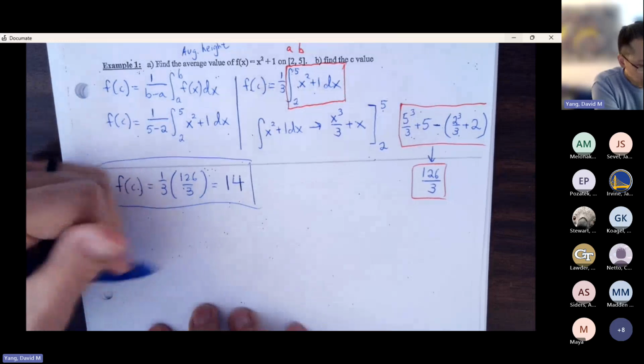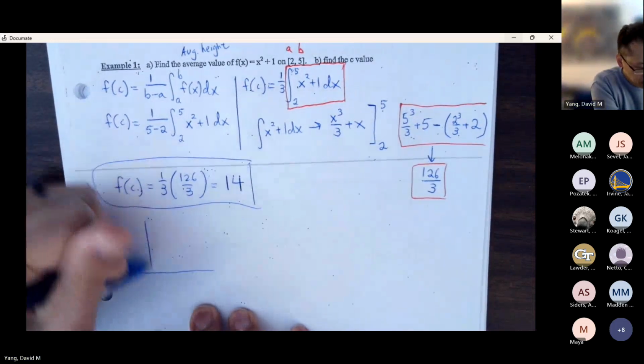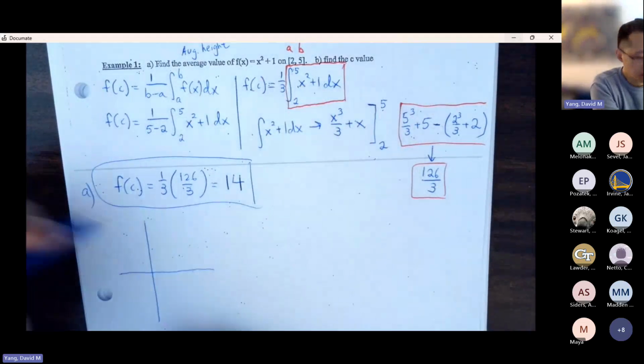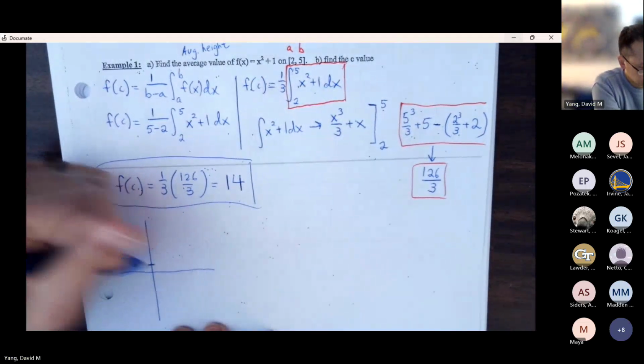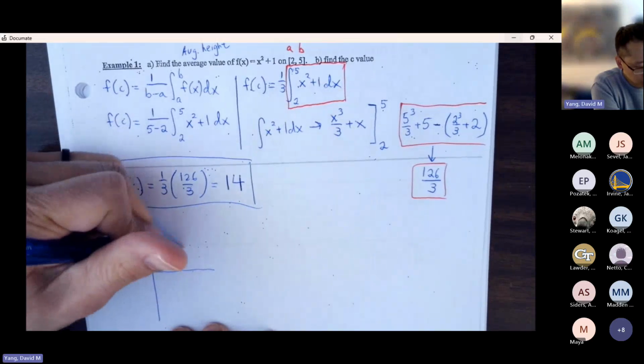Just to give you a perspective in terms of what we've found, this is what our graph looks like. X squared plus 1 is a parabola with a y-intercept at 1. So we're only looking at the graph from 2 to 5.